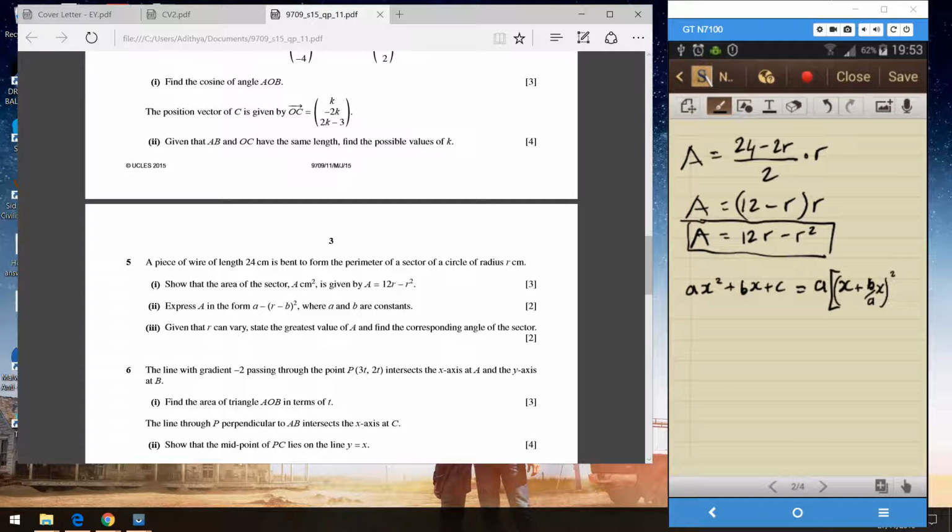Okay, let me just write it down there because I need more space.